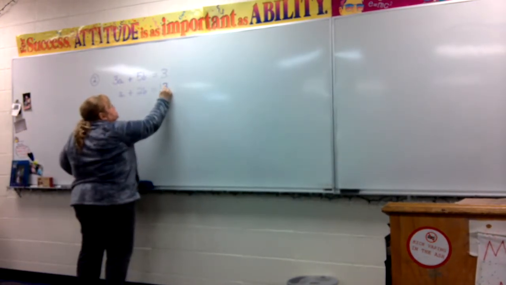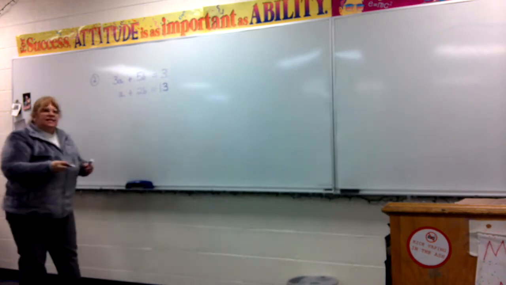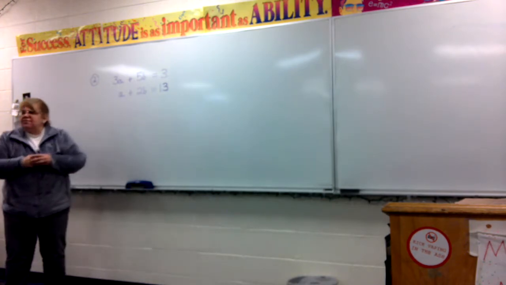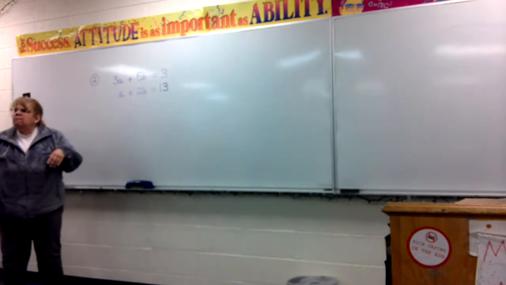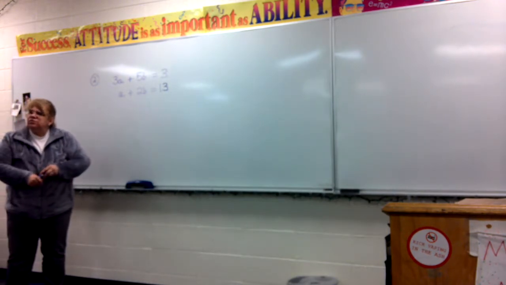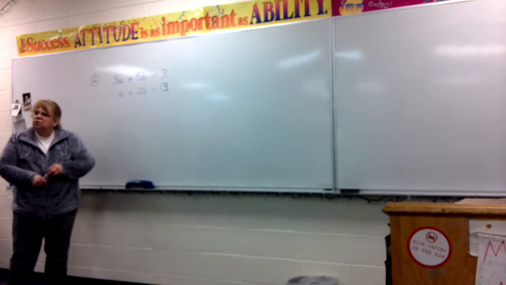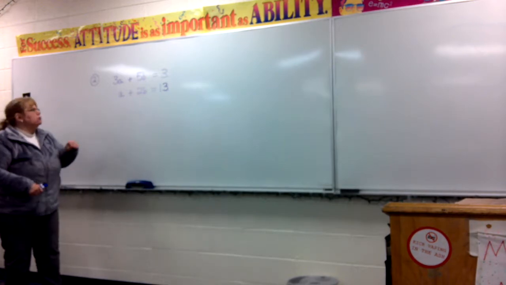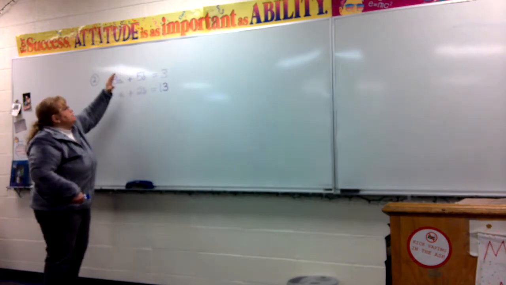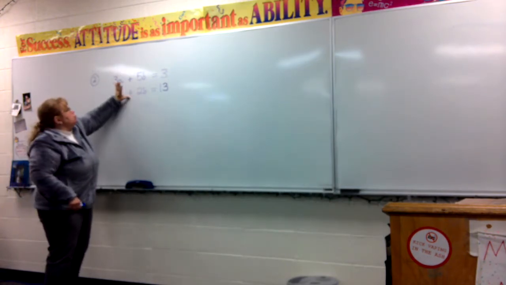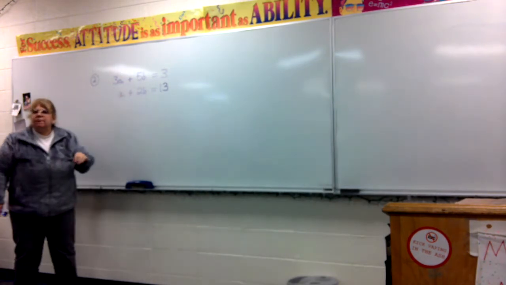So the idea with the addition method is you add the 2 equations together, but that only helps you if you have opposites, like 5b and negative 5b, 2b and negative 2b.